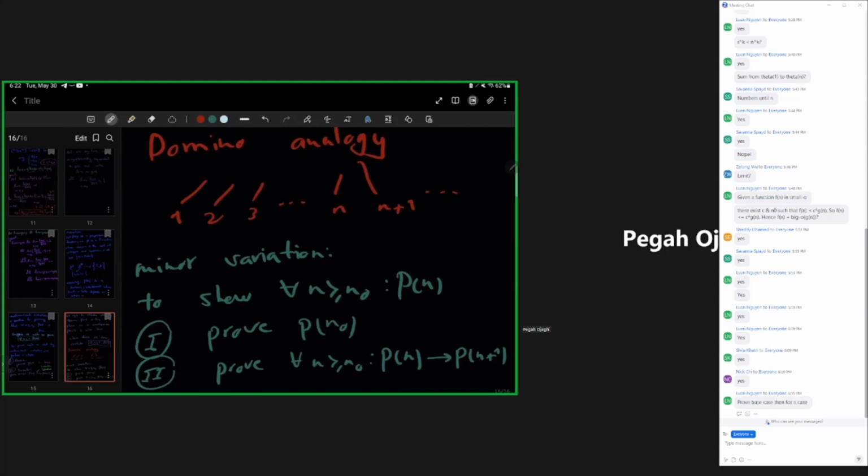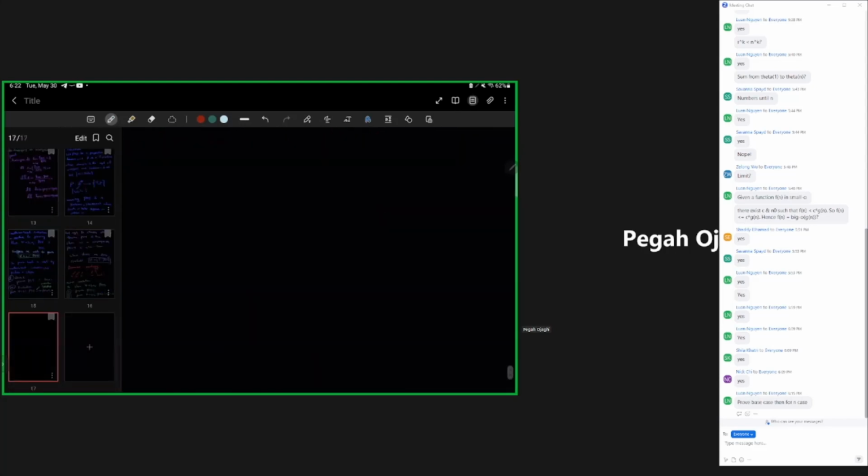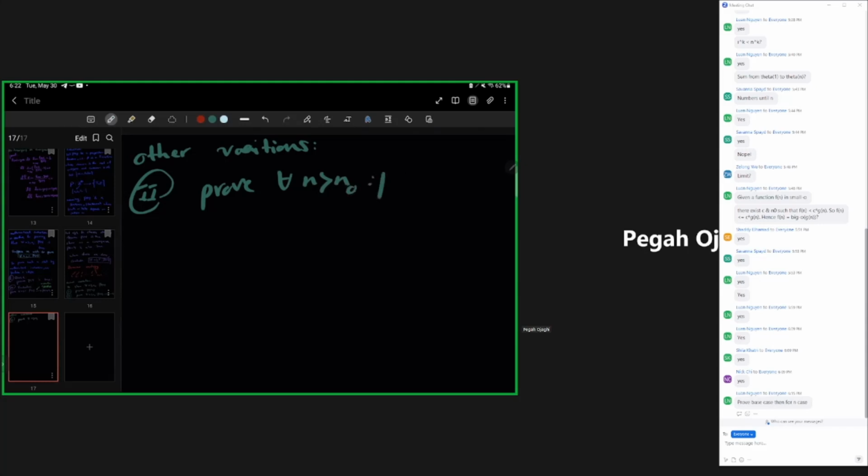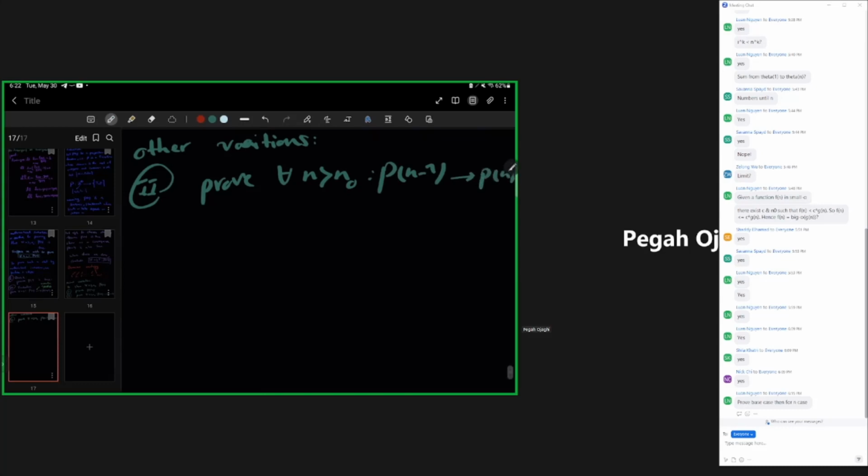Or let's have another variation. Instead of this, there is another variation. So what is that? On the second part, prove that for all n greater than n naught, Pn minus 1 is true, we show Pn. We can do two of them.